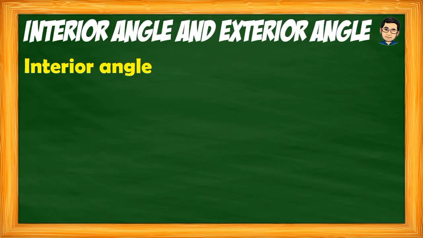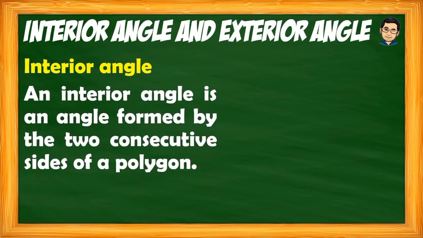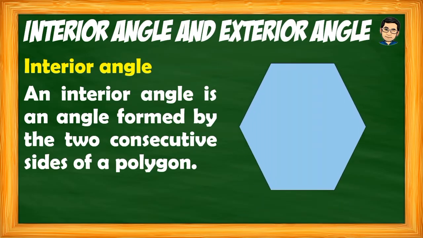So, let us have first the interior angle. An interior angle is an angle formed by two consecutive sides of a polygon. So, consider the following example.